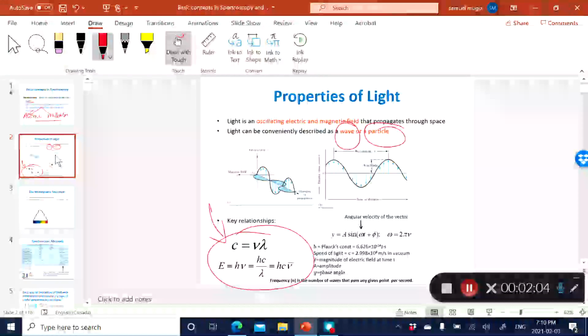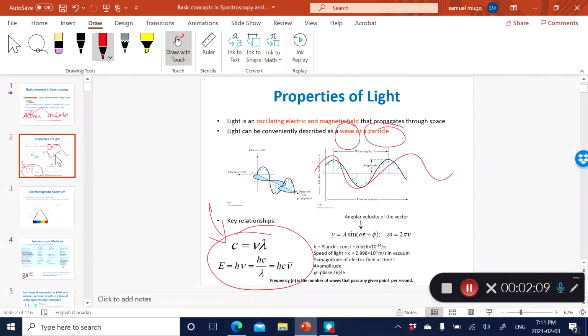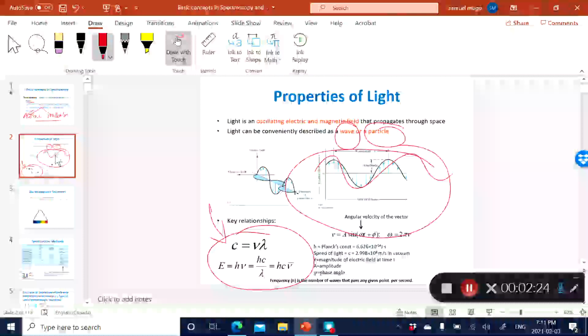But also, these particles propagate in the form of a wave, and as such, you can calculate the energy of light based on its frequency, and as you well know, frequency and wavelength are properties of a wave.